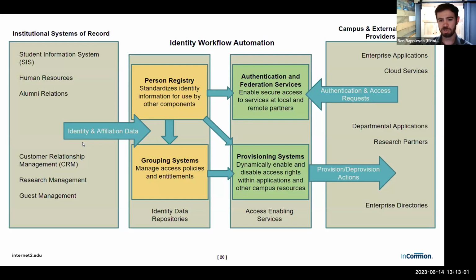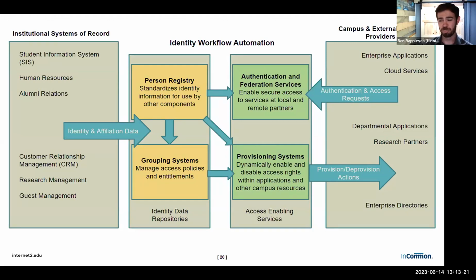The person registry then distributes the data to the people or the places that it needs to go. And the aggregated systems consume that data and then either pass it along or process it to allow it to be used by their systems also.